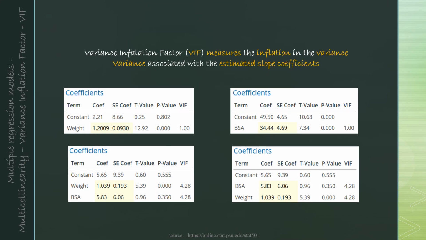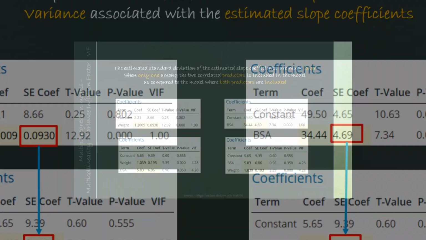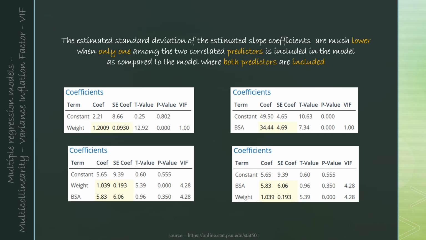As the name suggests, variance inflation factor VIF measures the inflation in the variance, meaning variance associated with the estimated slope coefficients. As can be seen below, which we had earlier discussed as well, the estimated standard deviation, which is the square root of variance of the estimated slope coefficients, are much lower when only one among the two correlated predictors is included in the model, as compared to the model where both predictors are included.